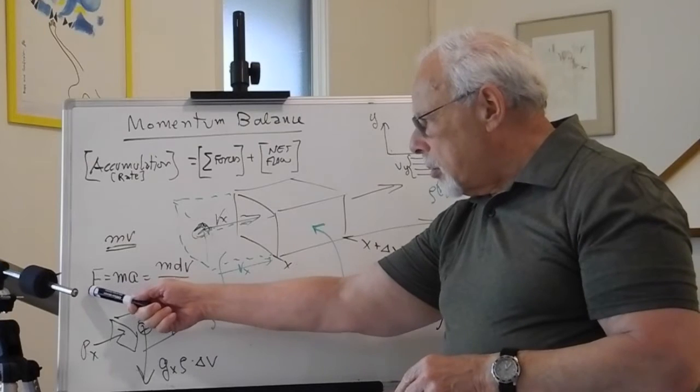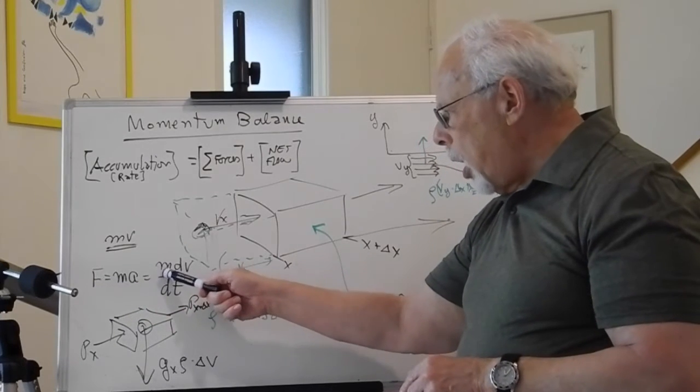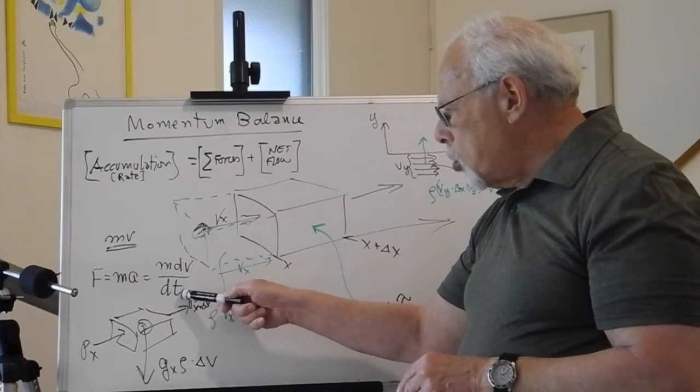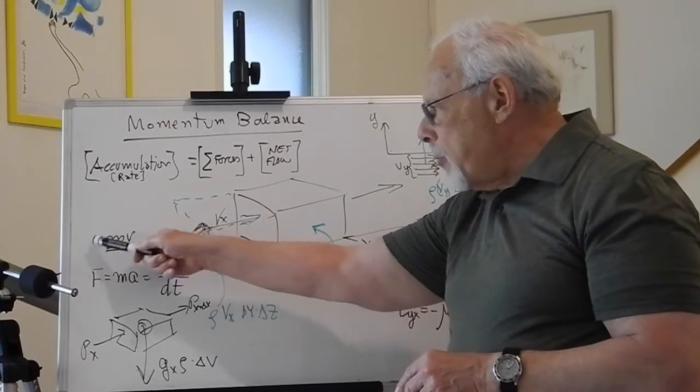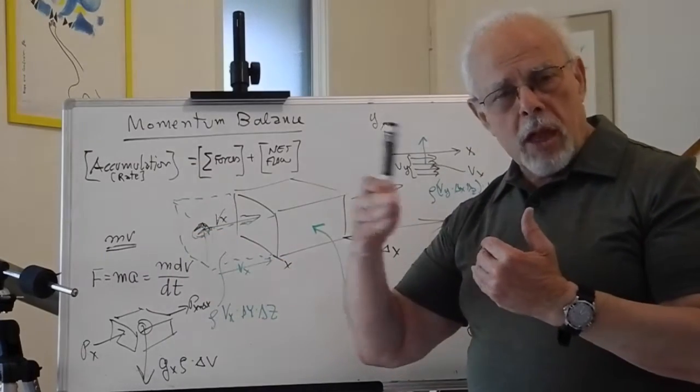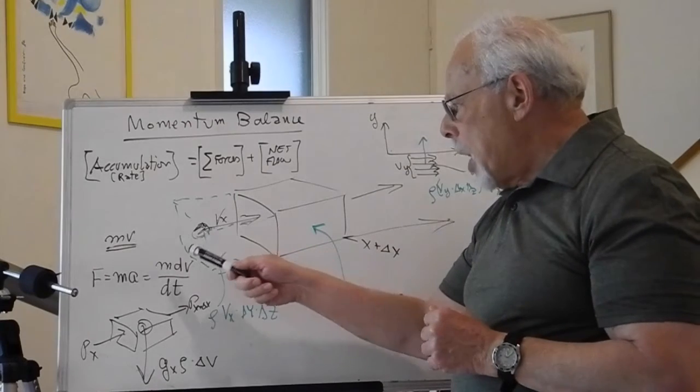Newton taught us that F equals ma, or m dv/dt. mv is the momentum, mass times the velocity.